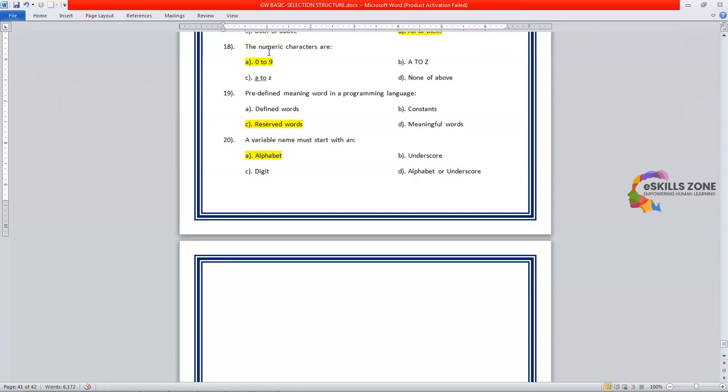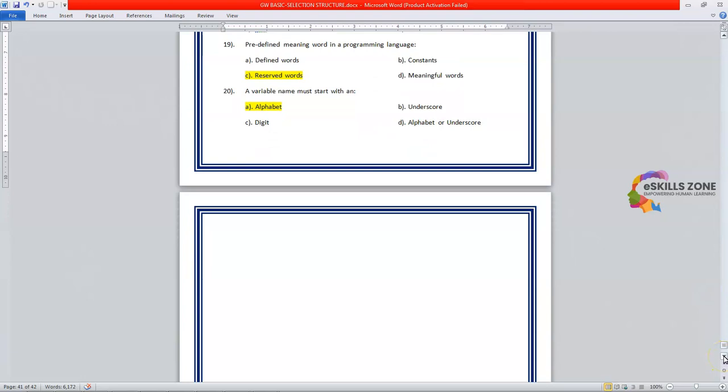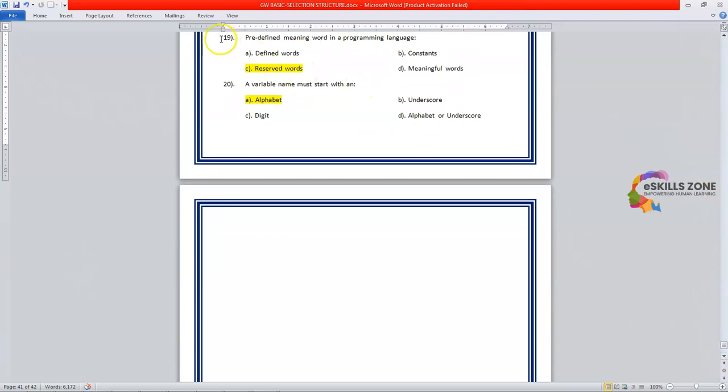Now the next number is number 19, and it is predefined meaning word in a programming language. And option A is defined words, B constants, C reserved words, and option D meaningful words.